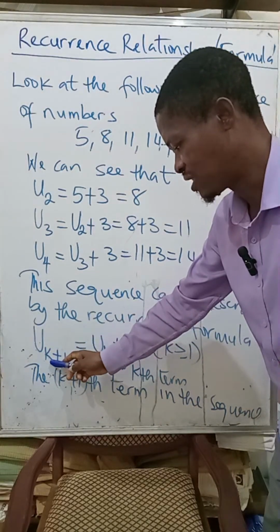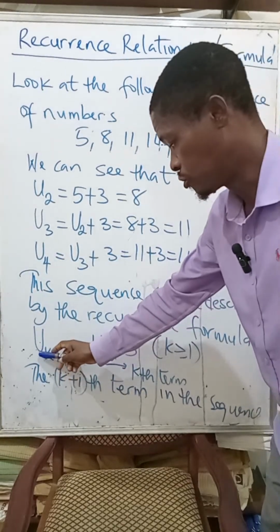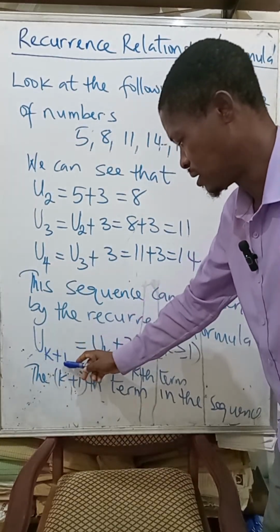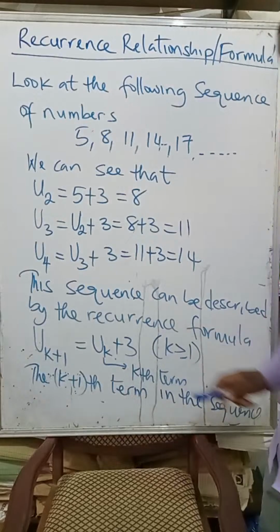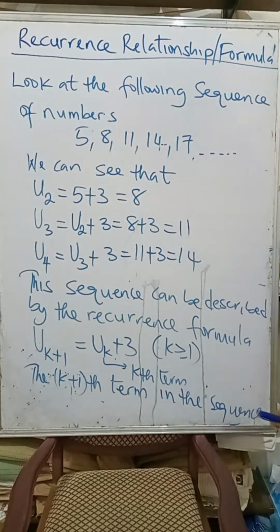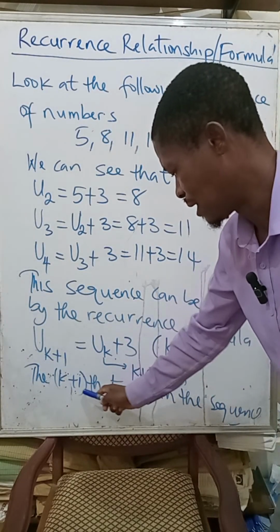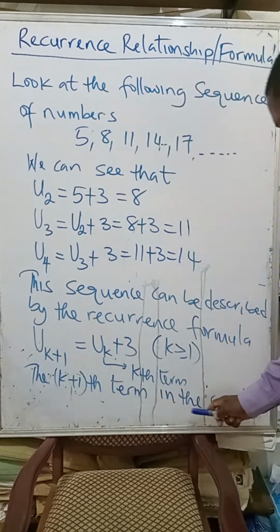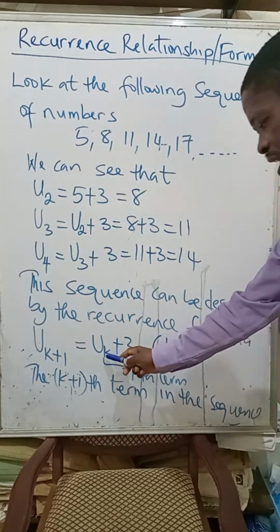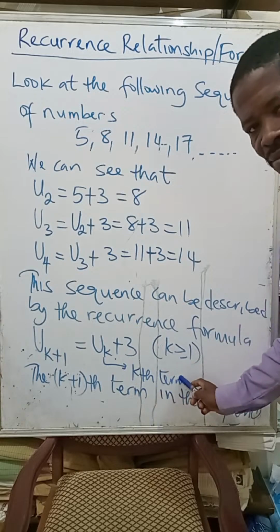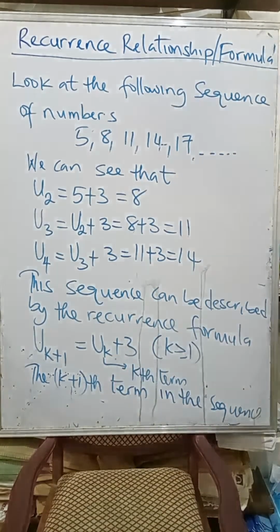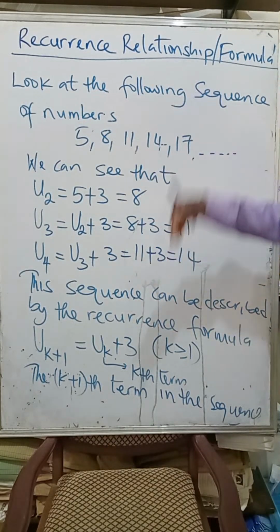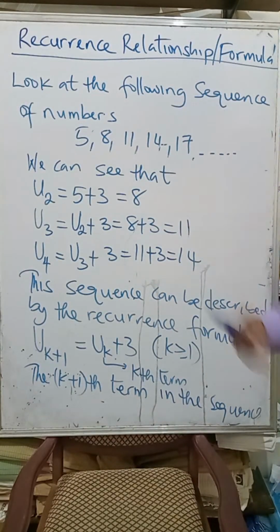U subscript k plus 1 equals U subscript k plus 3. We call this k the kth term, and k plus 1 the next term in the sequence. So that's that on the recurrence formula.